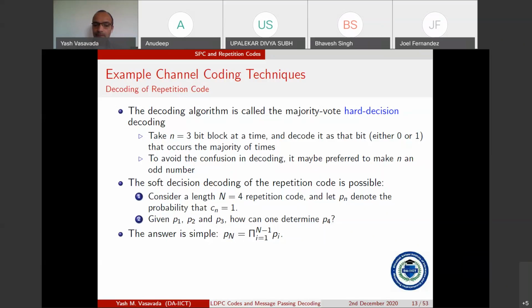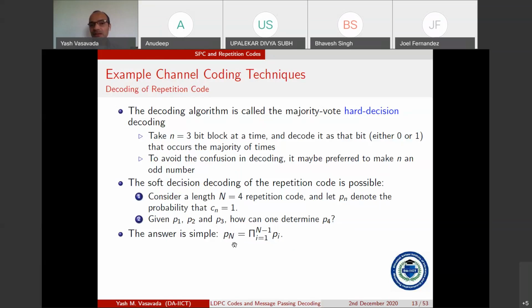Odds in favor. Yeah, fine. I'll take that answer. But in the literature, you will find the term likelihood ratio. So instead of transmitting probability messages in the message passing algorithm, what are being transmitted are the likelihood ratios.